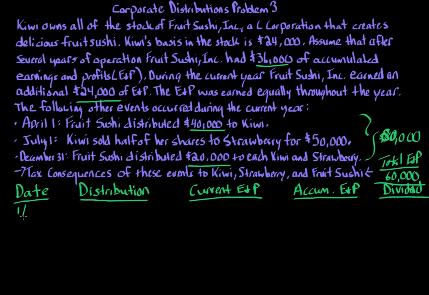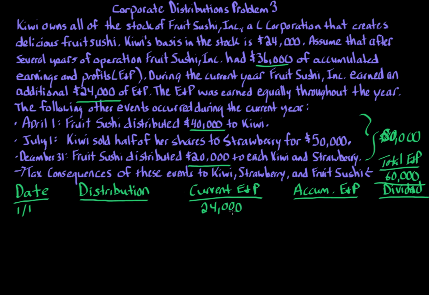On January 1st, we have accumulated E&P, or we can just say current year E&P, when we start the year, is 24,000. Now, it's really allocated throughout the time, and again, at the end of the year, but for simplicity, we're going to use that number in determining that.